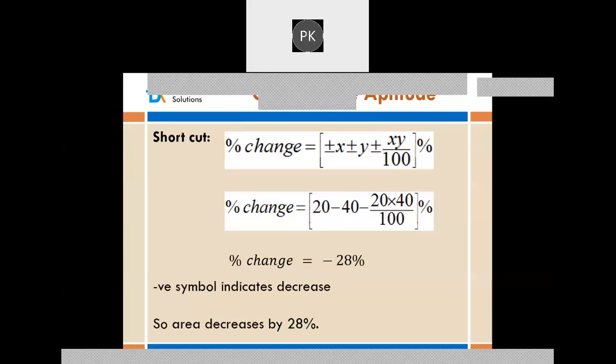A shopkeeper cheats 15% at the time of buying a product. He again cheats his customer.